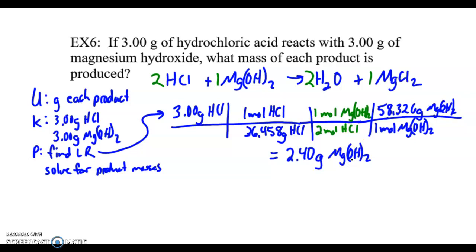It's time for us to do a little bit of thinking here. What this is saying is that to react with the hydrochloric acid, the 3 grams that we were given, we would need 2.4 grams of magnesium hydroxide. Well, we have 3 grams of magnesium hydroxide.